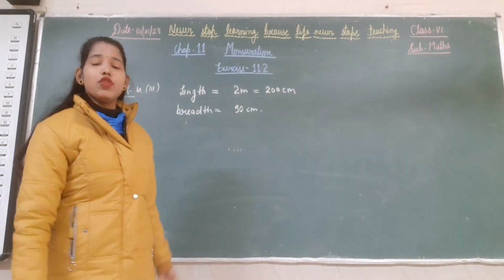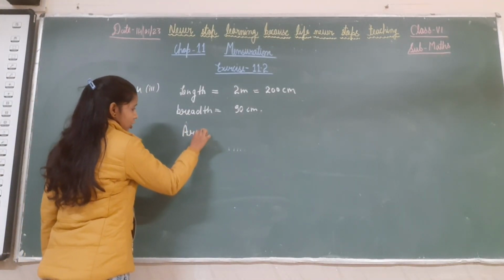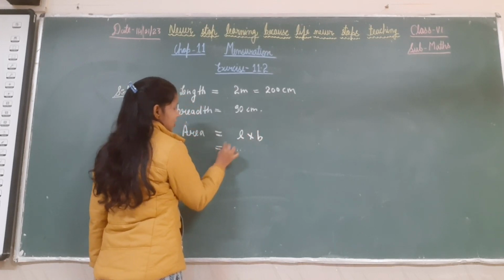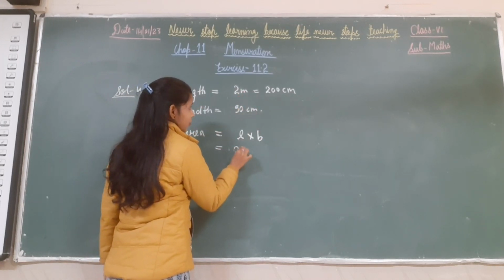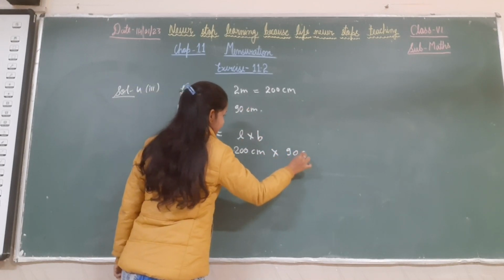So now we have to find the area of the rectangle. Area is equal to length into breadth. We all know, length into breadth. Length is 200 centimeter and breadth is 90 centimeter.